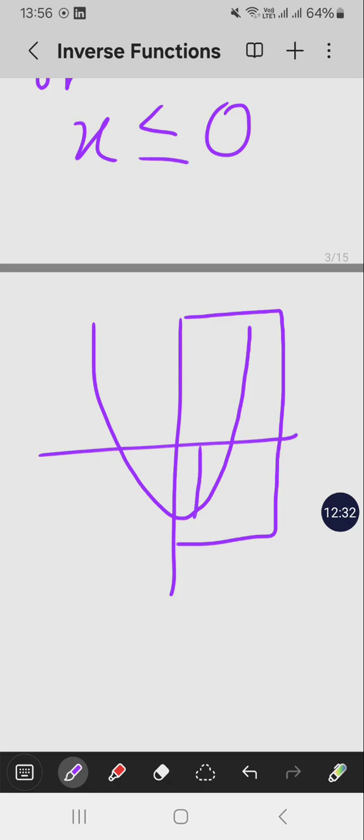This has this output, this will have this output, this will have this output. So we won't be getting the same output for two different inputs. But if we take the whole parabola, this output will be the same as this output.